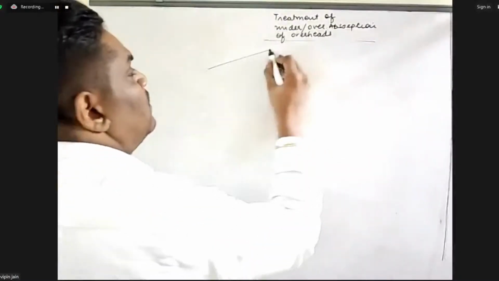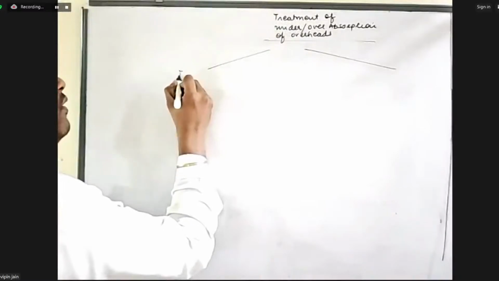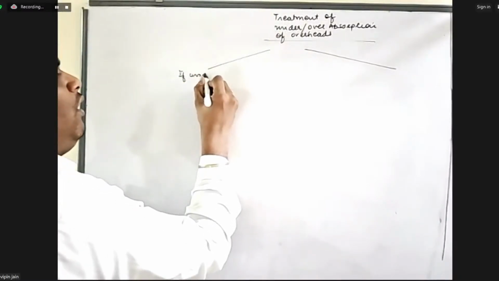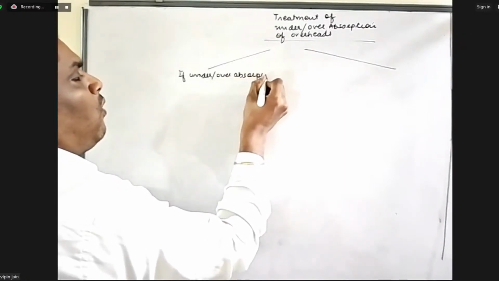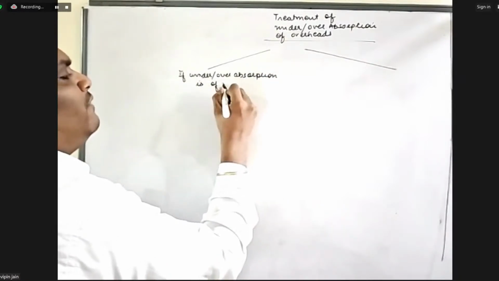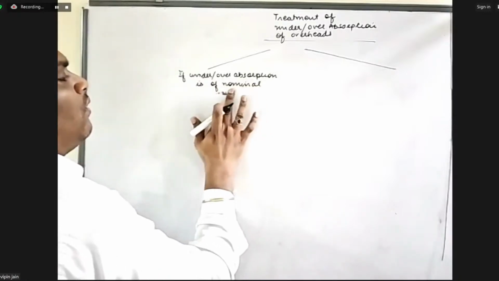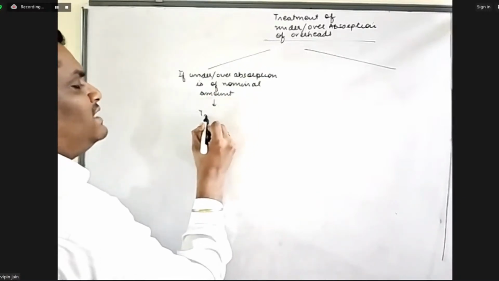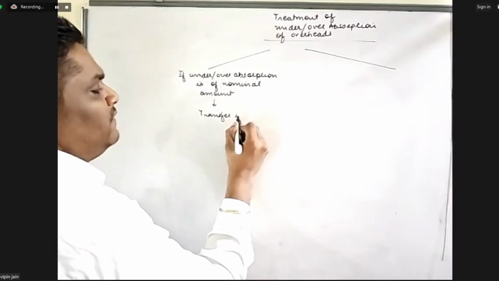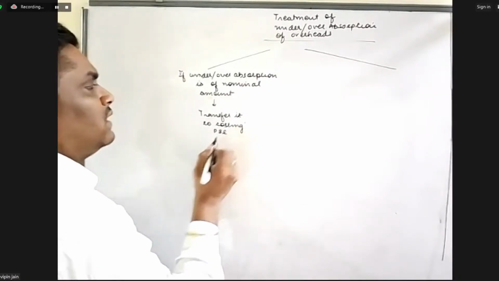So, if it is of a very nominal amount, a very small amount, then transfer under or over absorption to costing profit and loss account.